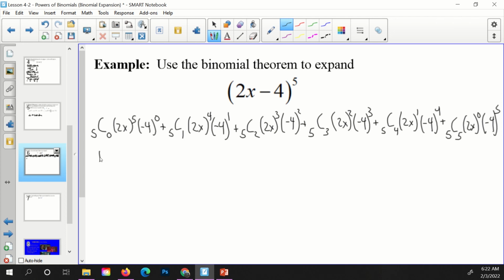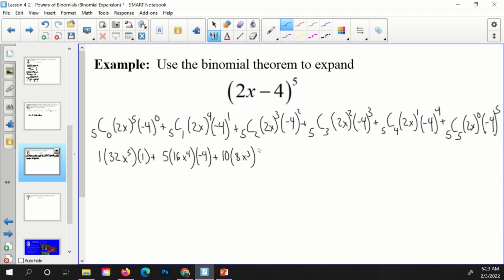So here I will have a 1, and now I have to calculate this expression. So 2 to the 5th is 32, x to the 5th, and then anything to the 0 power is 1 from yesterday. 5c1 is 5, so I'll have a 5 there. 2 to the 4th is 16, and then I have my x to the 4th, and then I have negative 4 because negative 4 to the 1st is negative 4, and then 5c2 is 10, so I'll put a 10 there. 2 to the 3rd is 8, x to the 3rd.